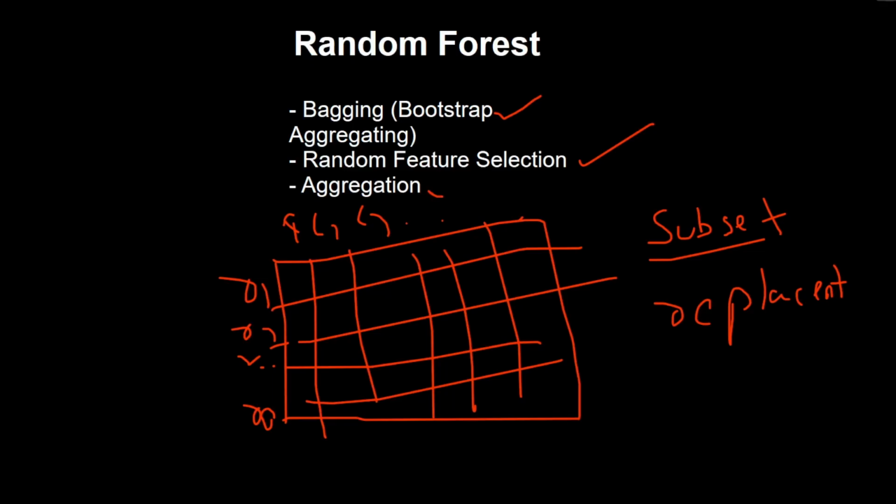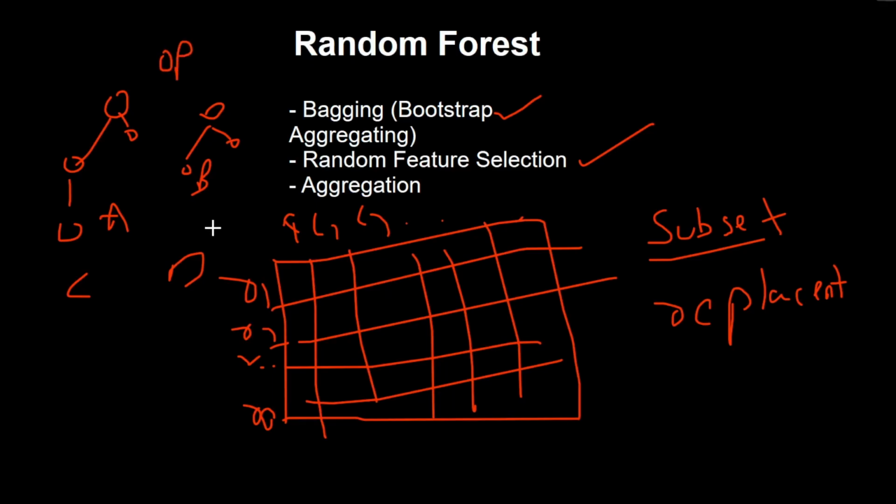And the next one is aggregation. Now that we chose the random data and did the random feature selection, we'll have different trees like tree A, tree B, tree C, D, and so on. Let's say for categorical output, we have two classes, class 1 and class 0.